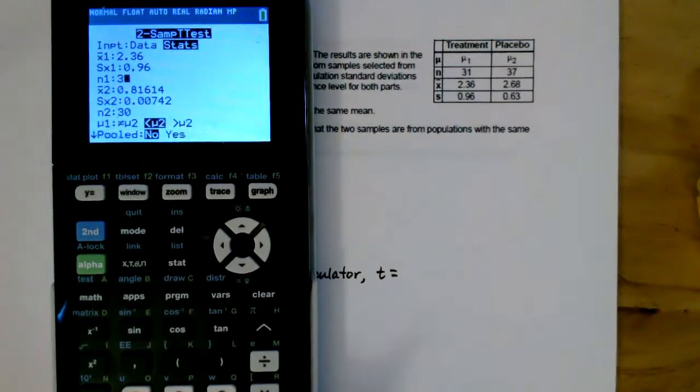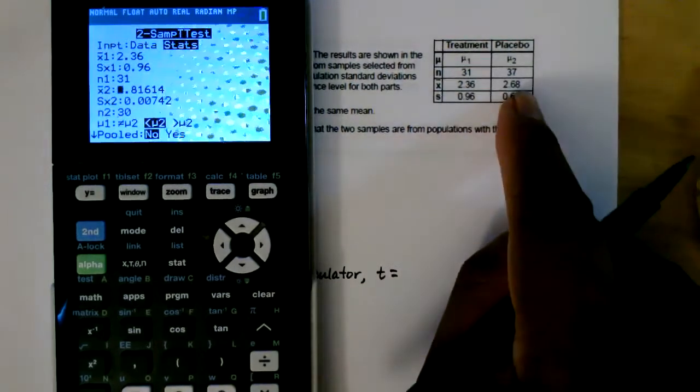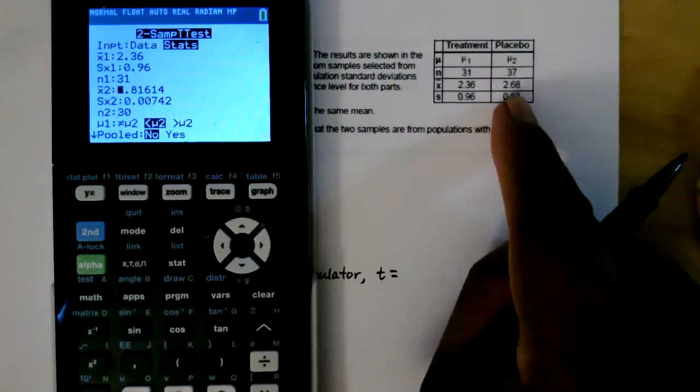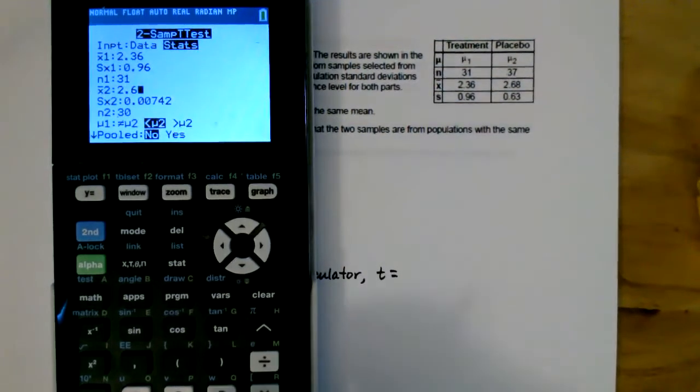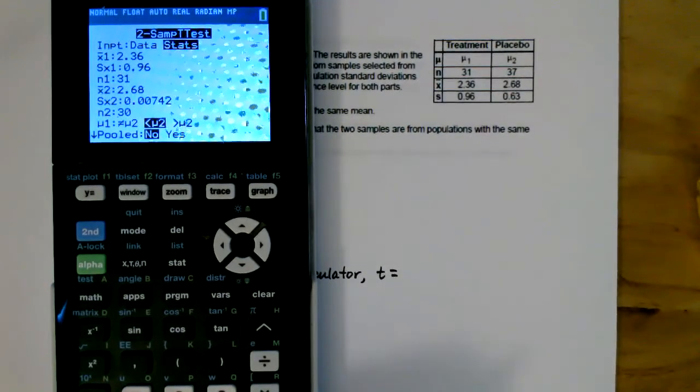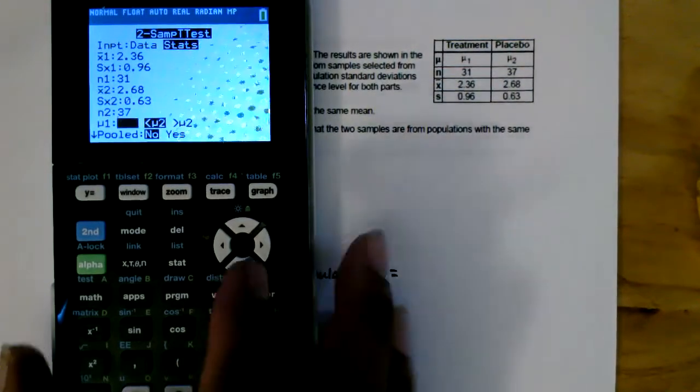And n1 is 31. Now for x2 bar, for the placebo group, that's this column here. 2.68 is your mean for that group. 0.63 is the standard deviation, and your sample size there is 37.